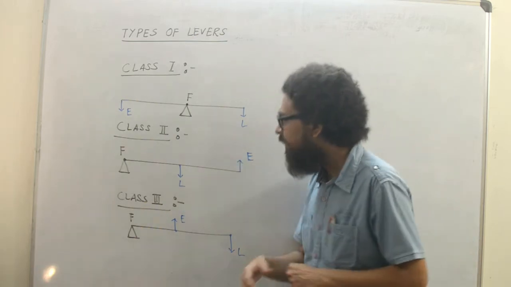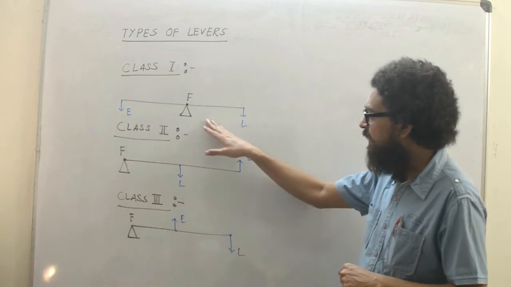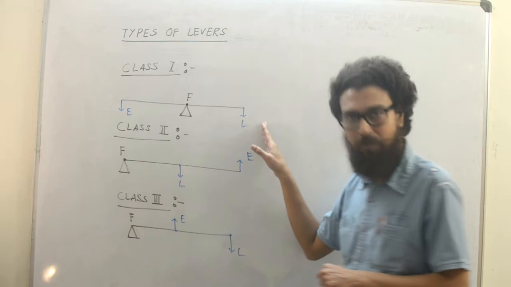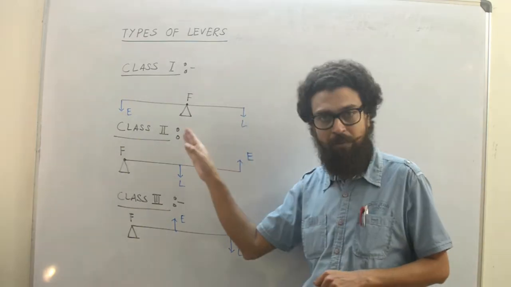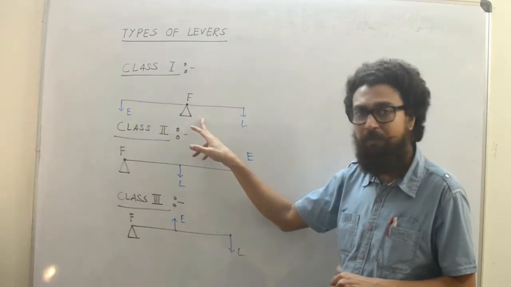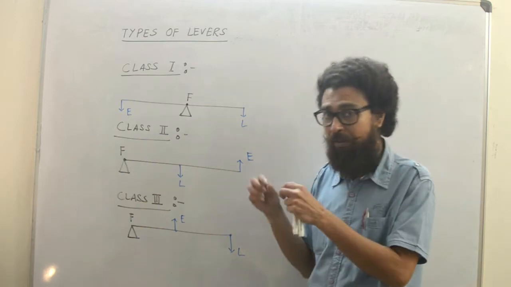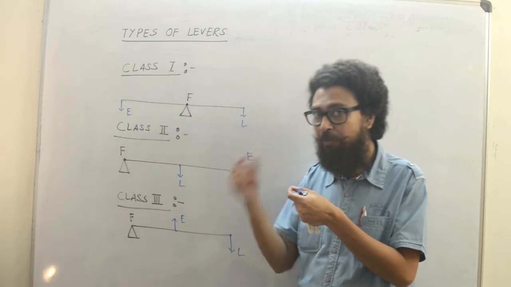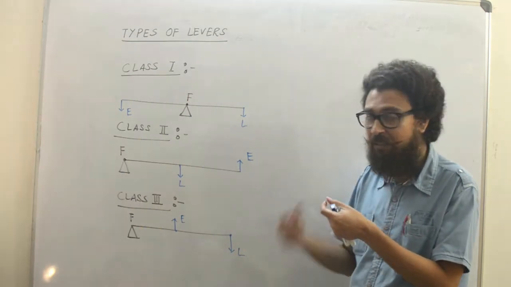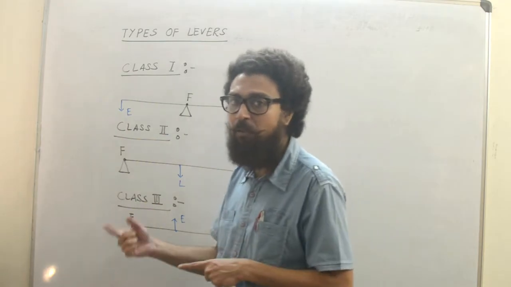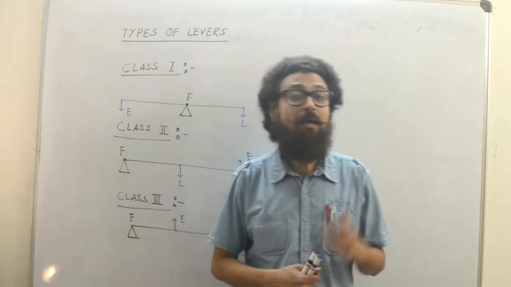So you can see class 1. Here we have a fulcrum which is in between the effort and the load. It can be anywhere. I have drawn it mostly at the middle, but this fulcrum, the point around which the lever can rotate, since I told you it has a turning effect, can be anywhere between effort and load, and that's what we call class 1.